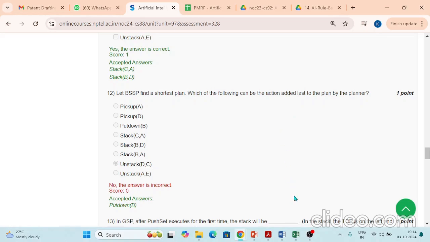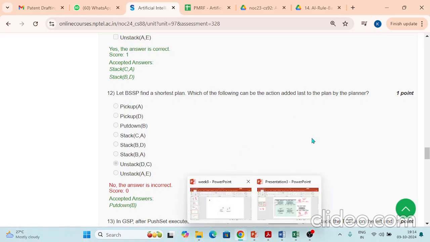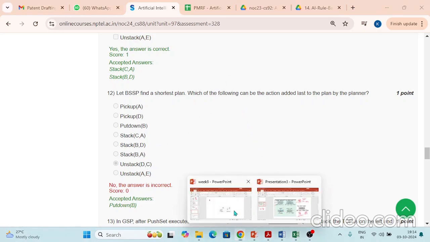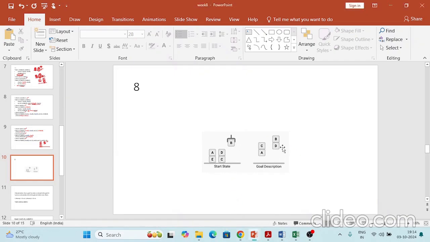Whenever we perform in the backward direction, the last action means we are coming from goal to start.